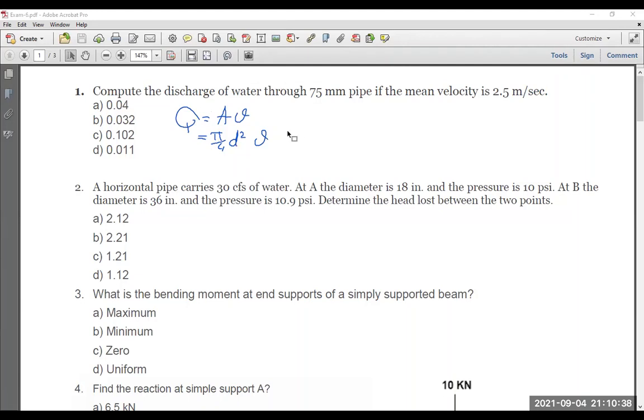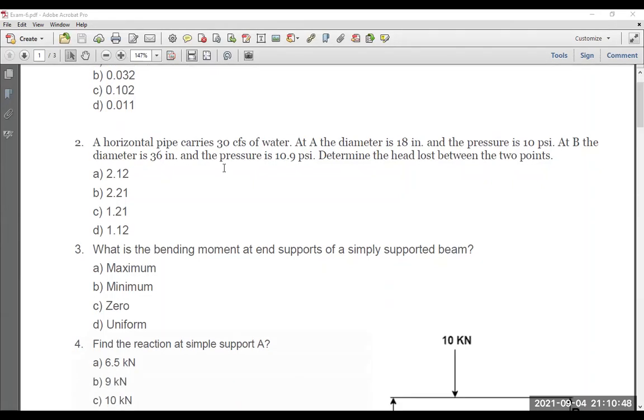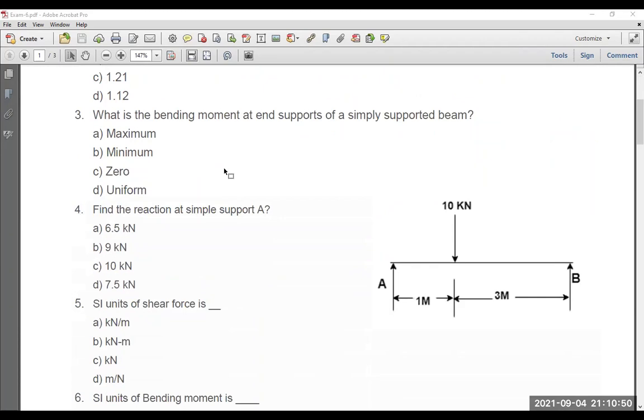Exactly. Question number 2, we solved it before in the session of pumps, session number 3, and the answer is A. Question number 3. Question 3 is 0.